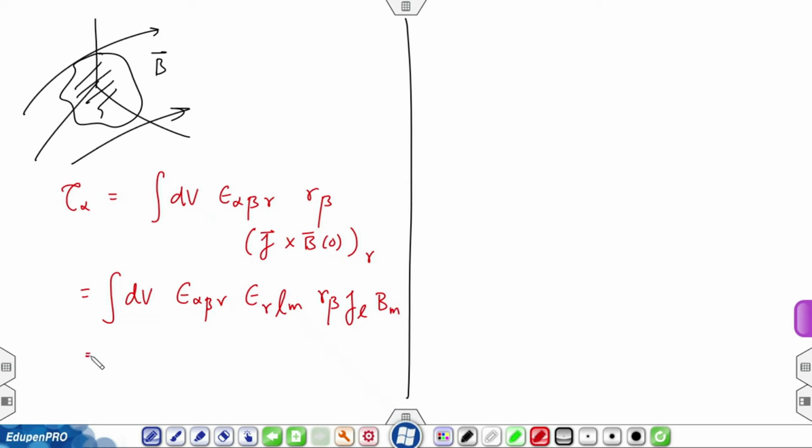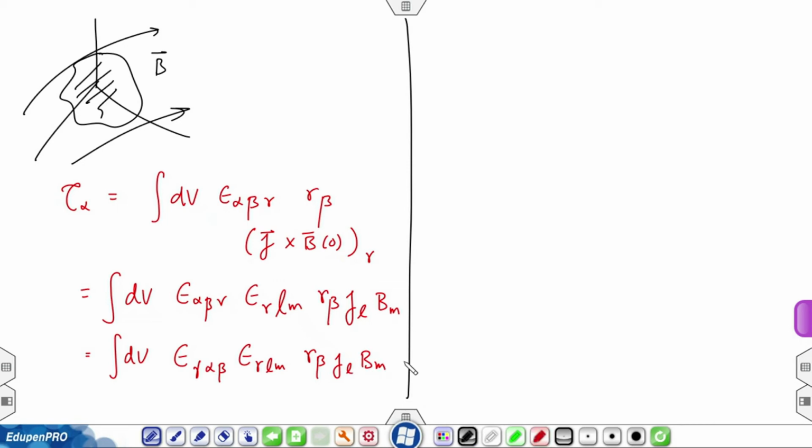Which can be written as integration dV epsilon gamma alpha beta. I have done 2 permutations, beta gamma and then gamma alpha. So, sign does not change, epsilon gamma l m r beta j l B m.